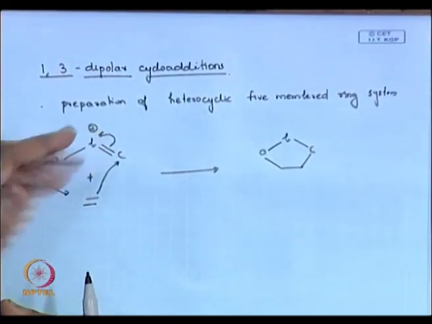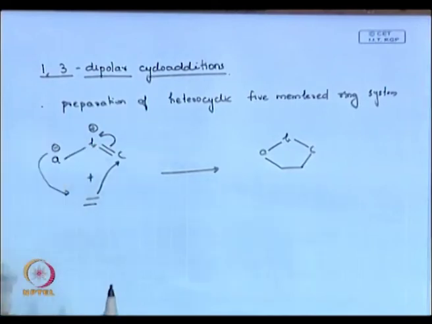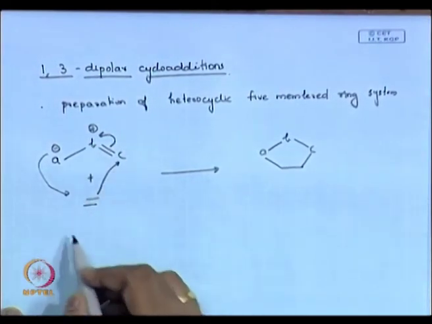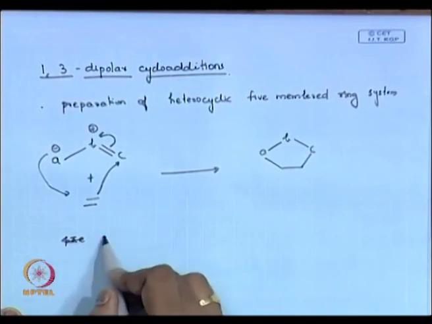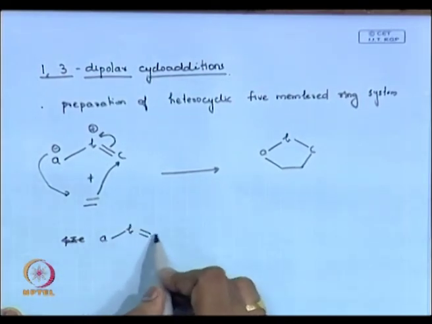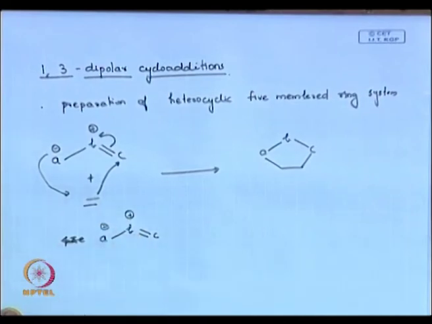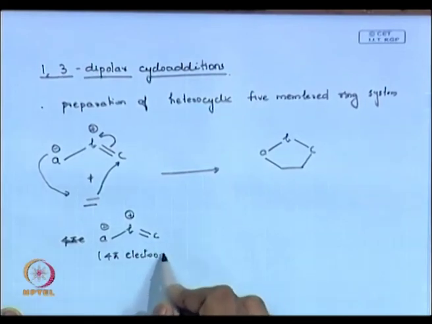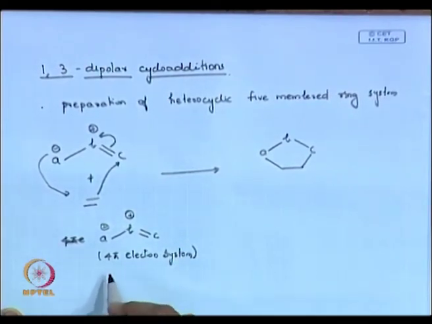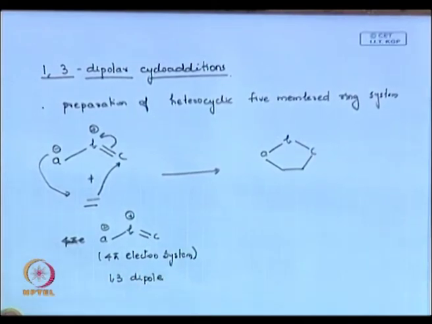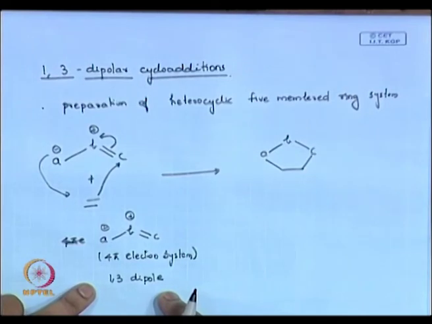Now, what do you call them? This system, your ABC, is a 4 pi electron system, and this you can call a 1,3 dipole.